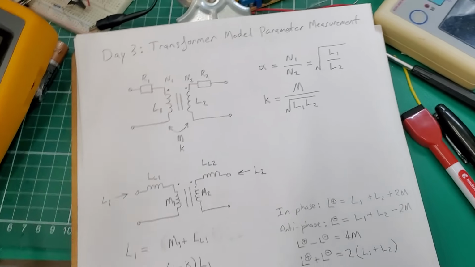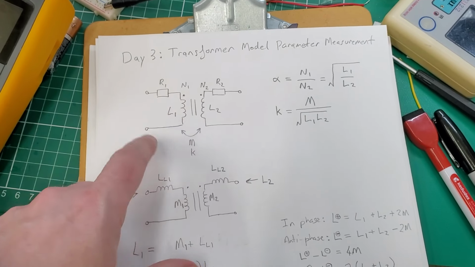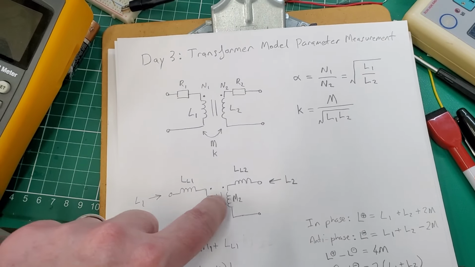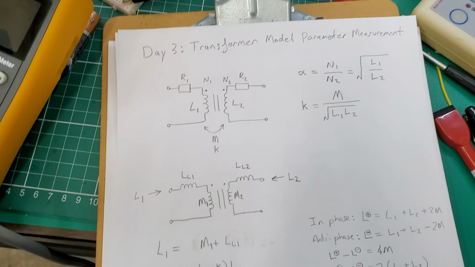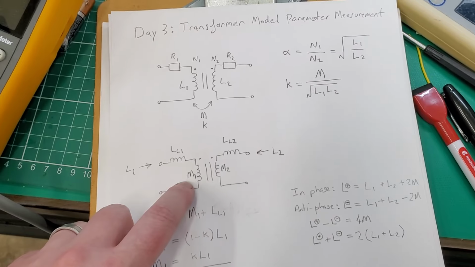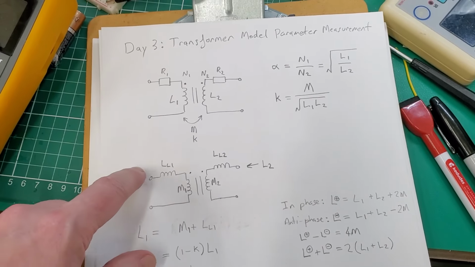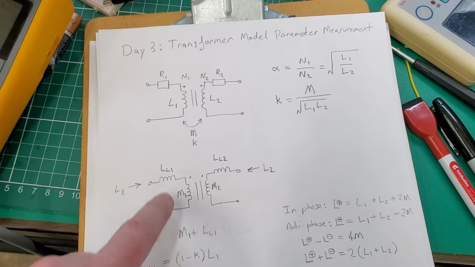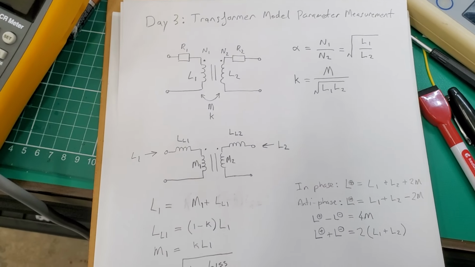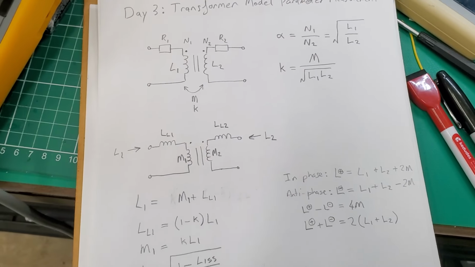The coupling coefficient is the amount of the total inductance of that winding that the mutual inductance represents, or affects, I guess you could call it. So you could say M1 is like k times the total L1 inductance, whereas the actual leakage inductance is 1 minus k of the inductance that you measure just looking into the winding.